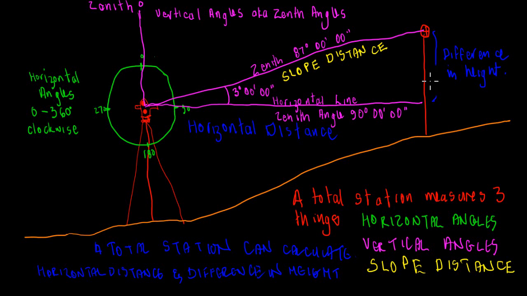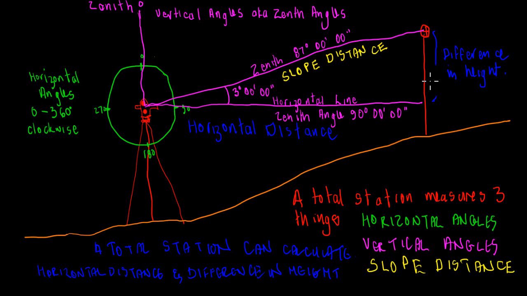So we don't have to actually record the vertical angle, we can just record the difference in height between the instrument, the total station, and the prism. And then it can take the slope distance and reduce that down to a horizontal distance, because all our distances that we measure are usually on the horizontal plane, on our plans, or on a bit of paper.